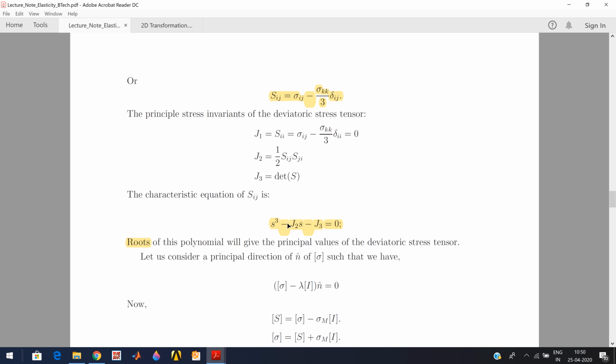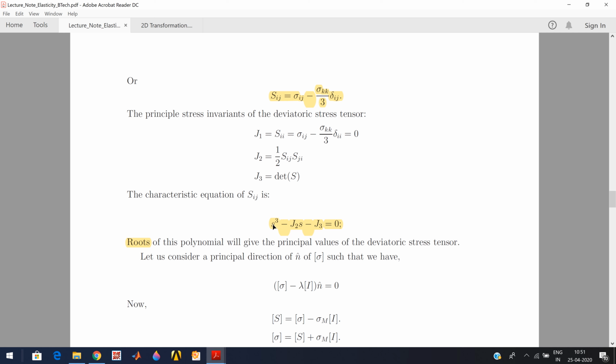Here you can see one difference with respect to the sigma characteristic equation: here deliberately we have put a minus sign in place of plus. Earlier it was sigma cubed minus I1 sigma squared plus I2 sigma minus I3.